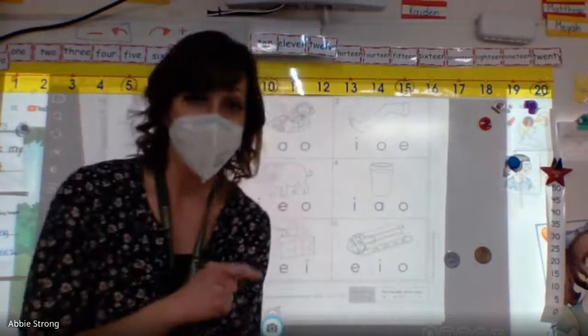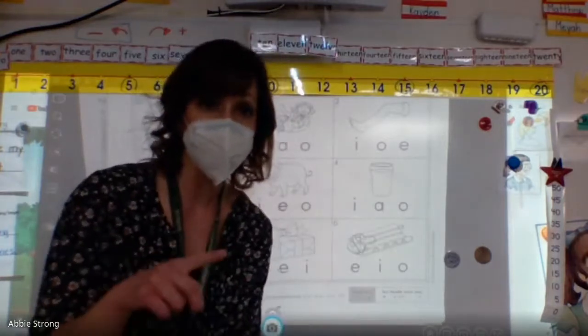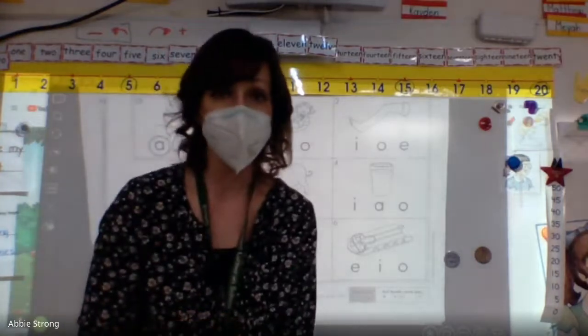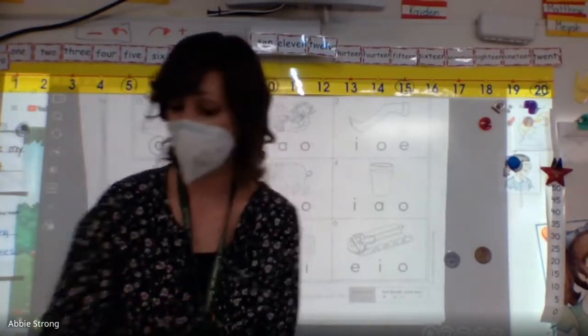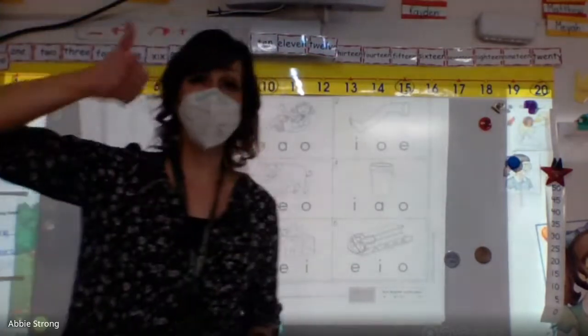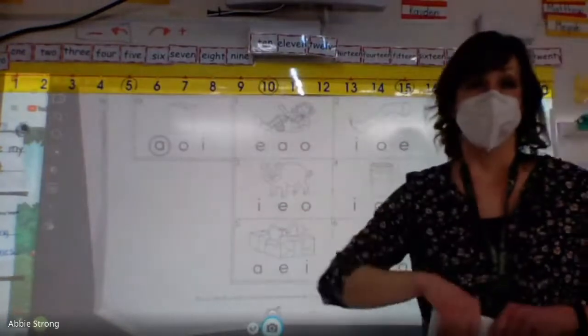For my kids at home, you are going to write the letter for the word that I'm describing. So the kids here at school are just circling the letter. You're just going to write it on your board. This is going to be the last section that I'm going to do with you, and then I will disconnect for our call today. Give me a thumbs up if you have this page in front of you.